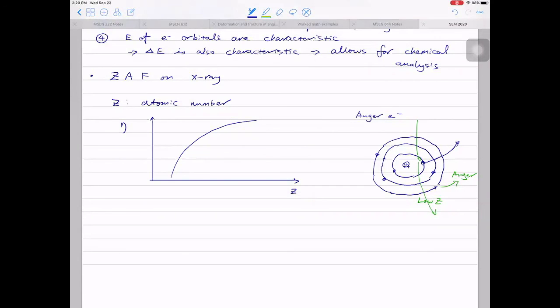But instead of a high energy level electron filling in the hole, the outer shell electrons actually get ejected. So this energy, instead of being used to generate X-ray, is used to kick out additional electrons. These electrons are called Auger electrons. This is the first reason why low Z elements have a low yield of the characteristic X-rays.